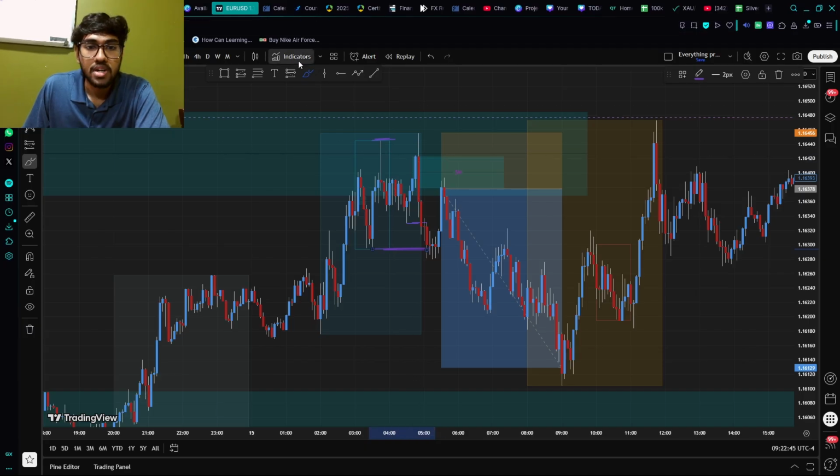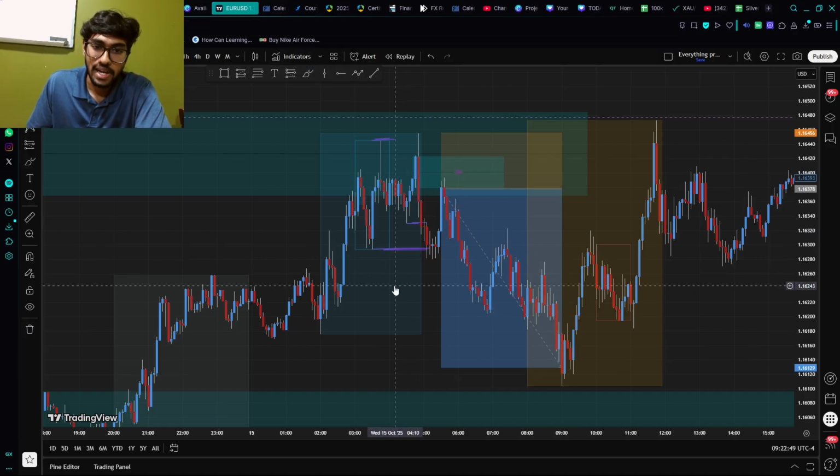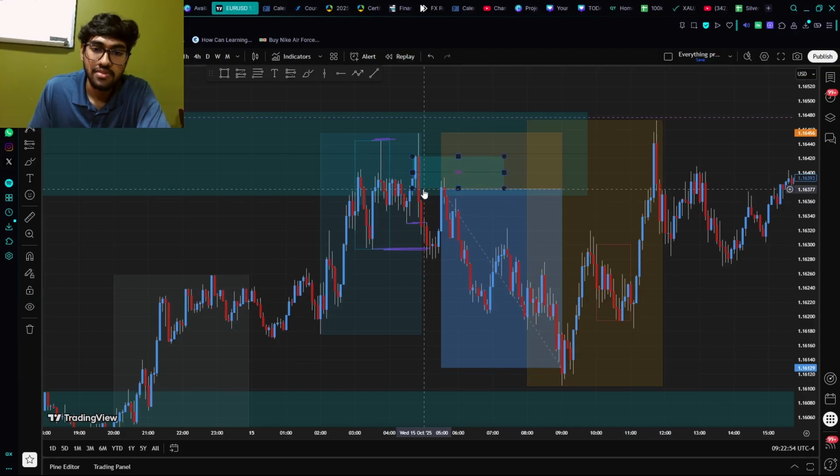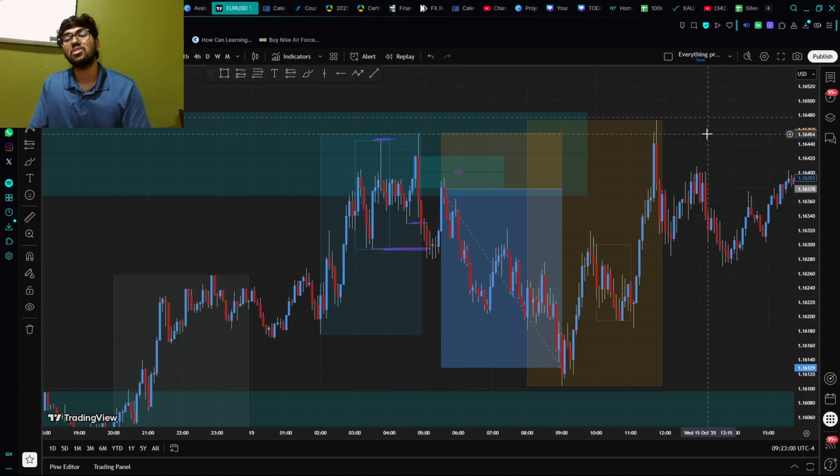So what is the most logical point to enter from the moment price has done this? I'm looking for a retest to enter, so I'm looking for this region right here, which is a clear looking order block.